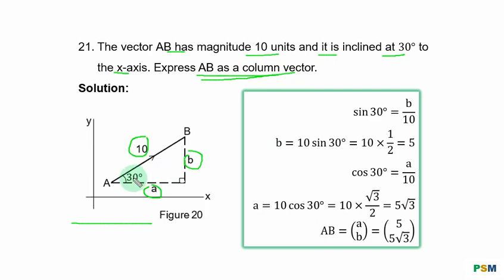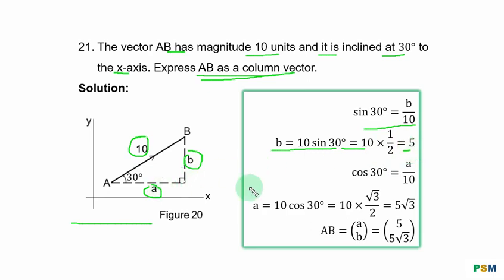From here, you have sine 30 degrees equal to opposite over hypotenuse in this form. Multiply through by 10 to clear fraction. The result is equal to 10 times 1 over 2. 1 over 2 is the special value for sine 30 degrees. You multiply and divide, you have 5.